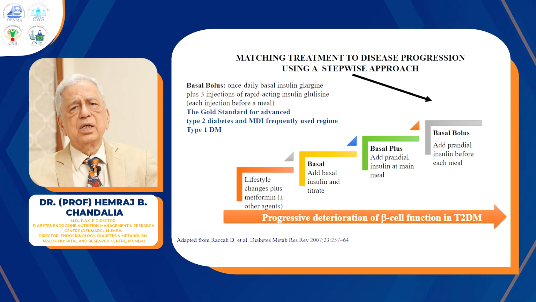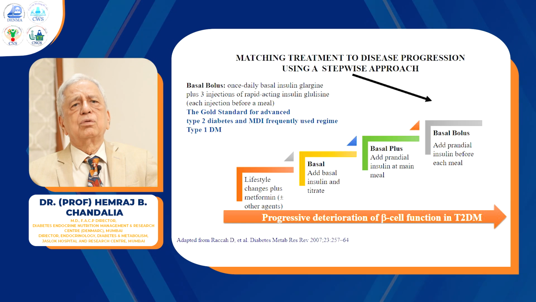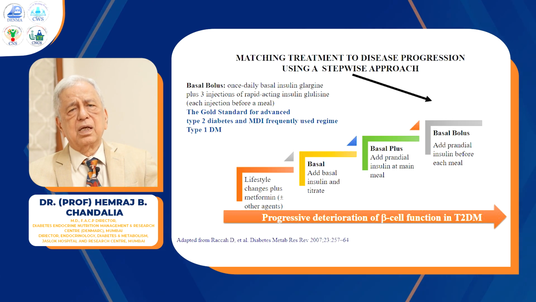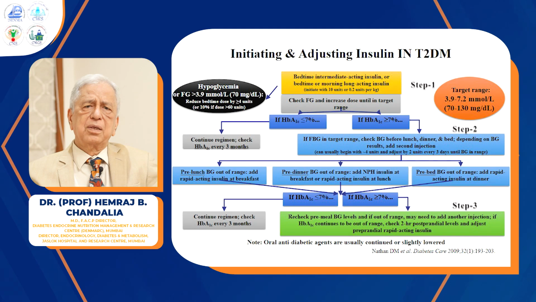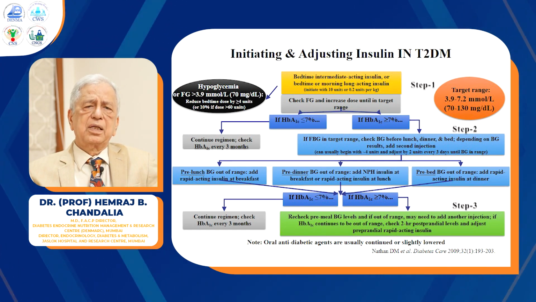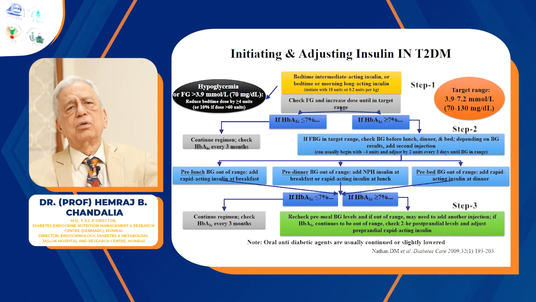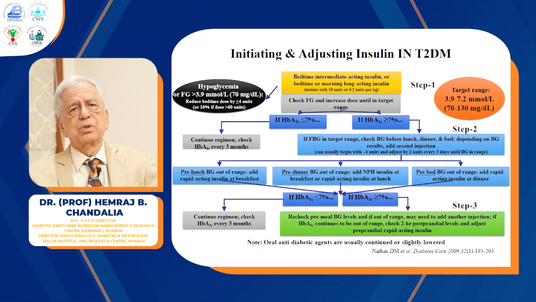So after doing this basal bolus escalation, you are going to go further and evaluate the person. And how do you titrate that dose further? We'll see. The second slide shows you the basic algorithm of insulin dose adjustment. As I told you, if the A1C stays above 7%, and if there are definite prandial peaks or very high basal, then you know that in spite of oral agents, the control has not been achieved, so introduce insulin.